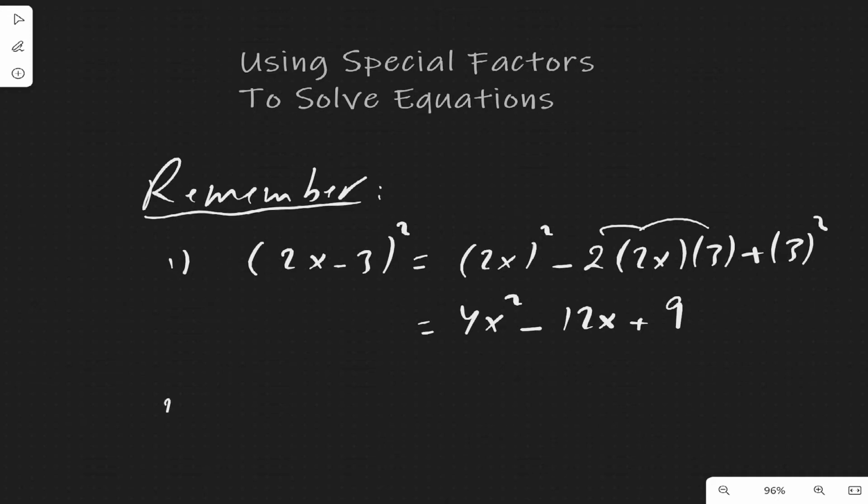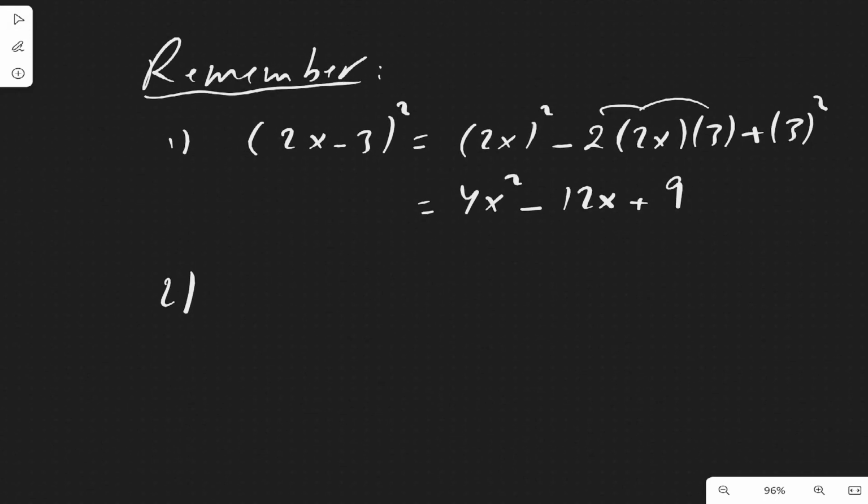The second thing: let's say we have (2x minus 3) multiplied by (2x plus 3).